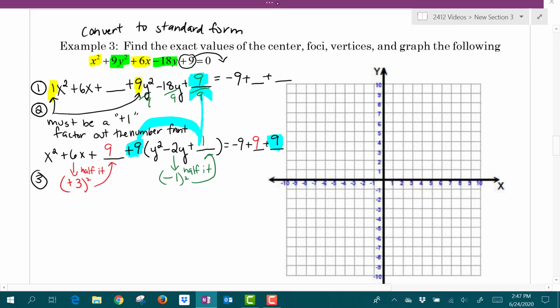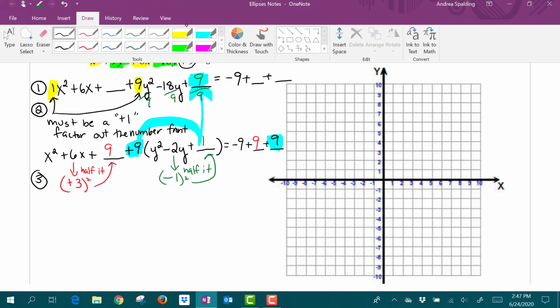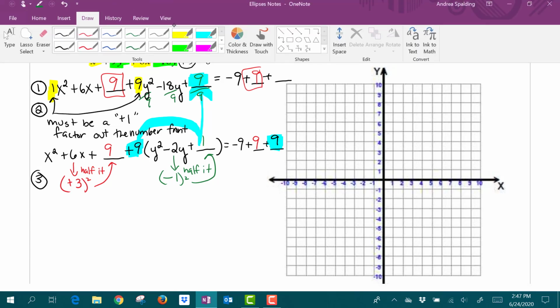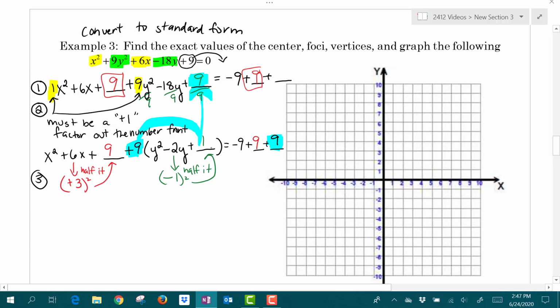So you notice that for this first one, we didn't have to worry about that because we didn't factor anything out. The 9 that we have sitting here would still be the 9 that we would have added in to the left-hand side, and that would be the same 9 that we add into the right-hand side. But for the y terms, we have to take into account that we did factor out a 9 from all of those terms.